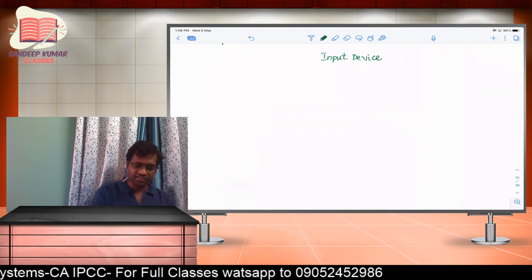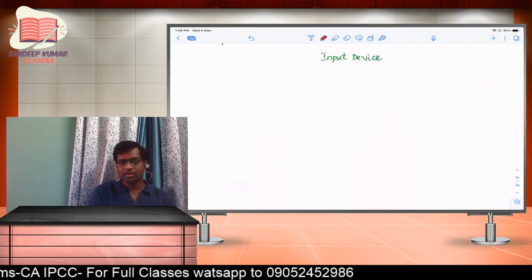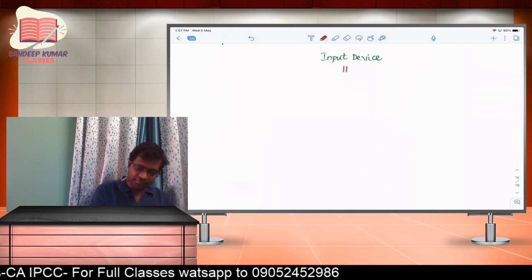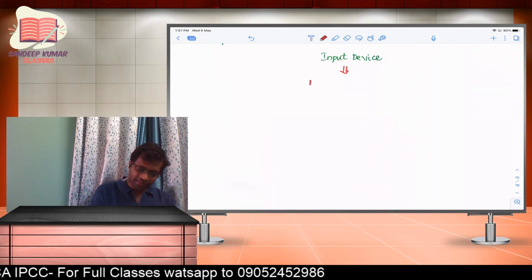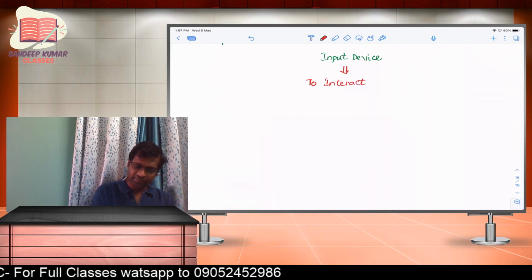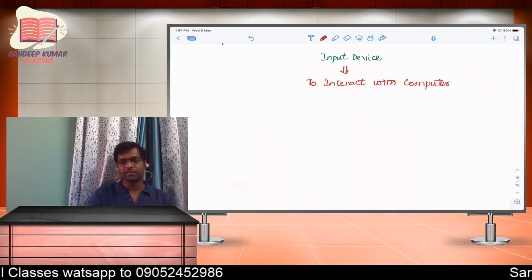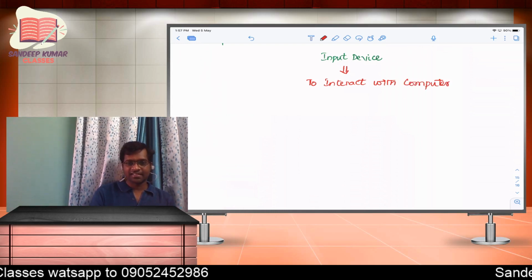Input devices are devices required to interact with a computer. Let us say, without a keyboard, can you interact with a computer?